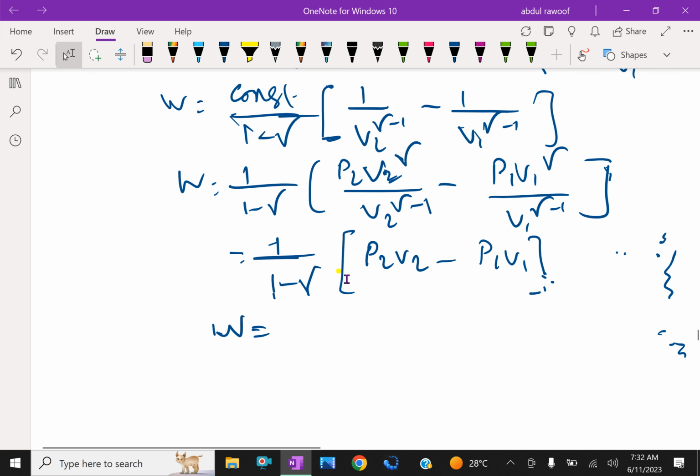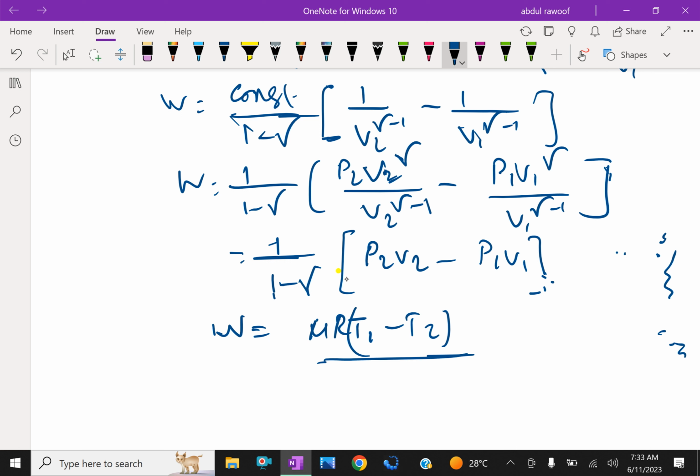So W equals mu R times T2 minus T1, because P2 V2 minus P1 V1 equals mu R times T2 minus T1. Here 1 minus gamma changes to gamma minus 1, because instead of T2 minus T1 we write T1 minus T2.